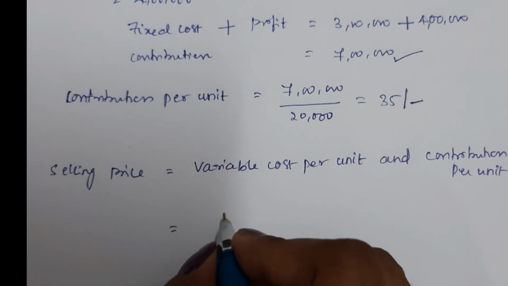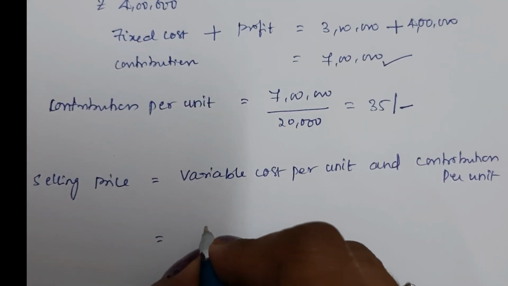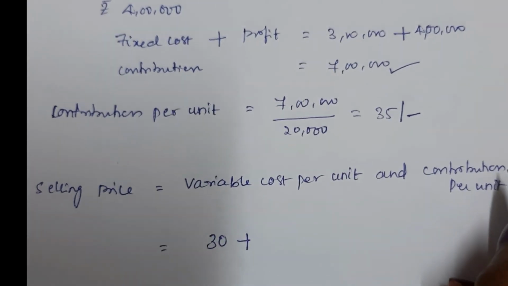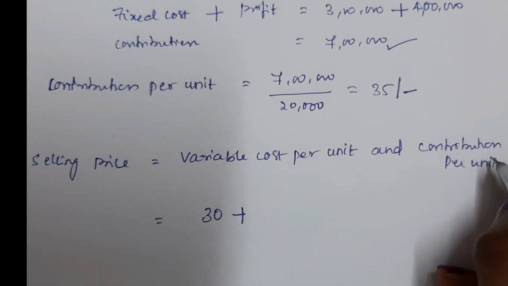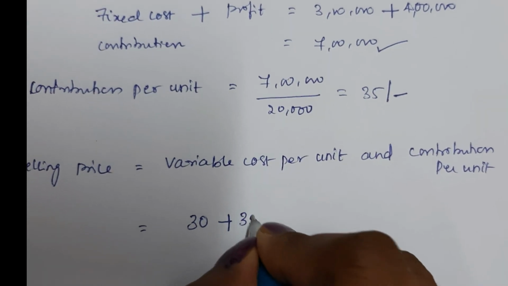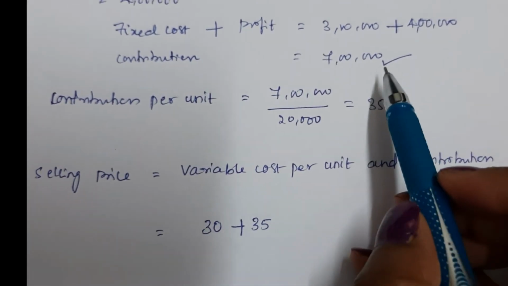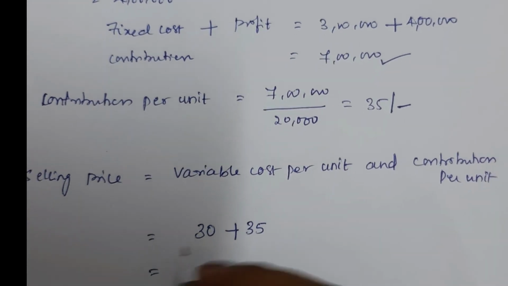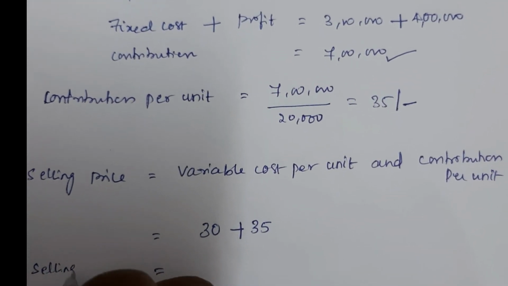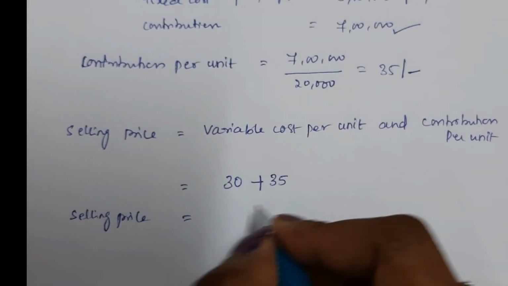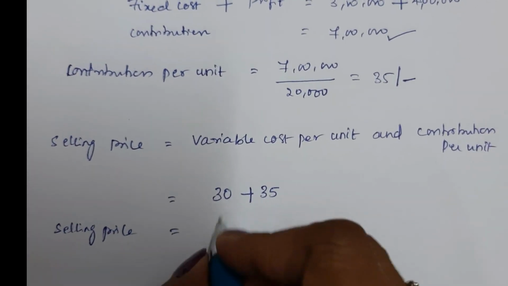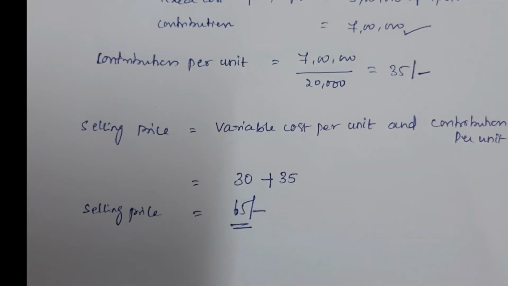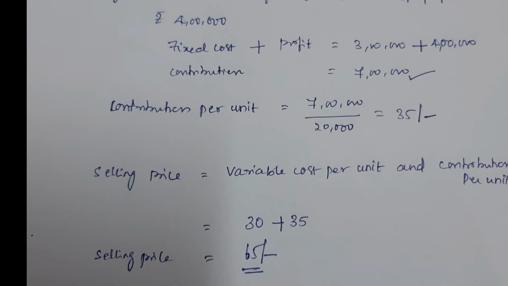Variable cost will be the same, that is rupees 30 per unit, and our future contribution is going to be rupees 35, at which we can generate a profit of rupees 4 lakhs. So your selling price is going to be 30 plus 35, which will become 65. So this is how we can fix the selling price using marginal costing technique.